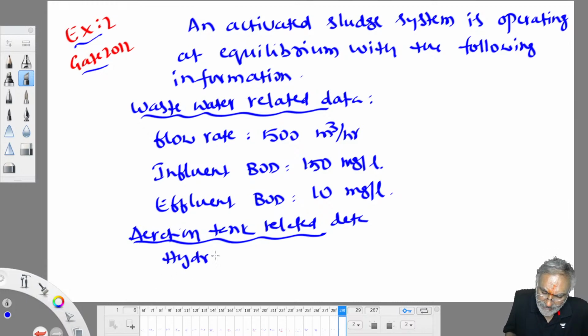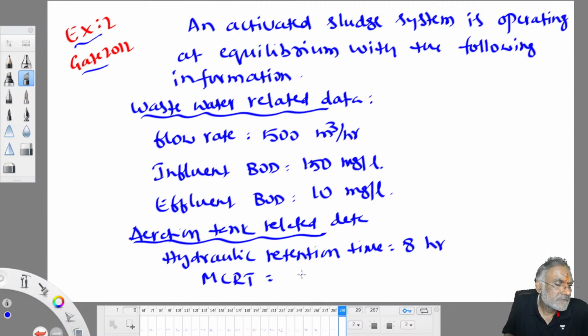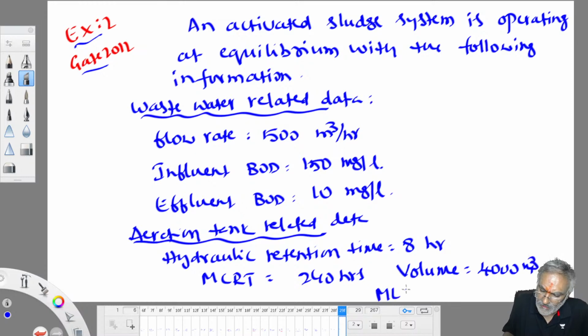Hydraulic retention time, nothing but detention time only this is. Mean cell residence time. Volume. MLSS, 2000 milligram per liter.